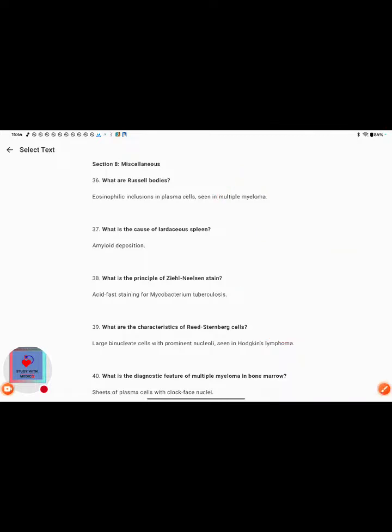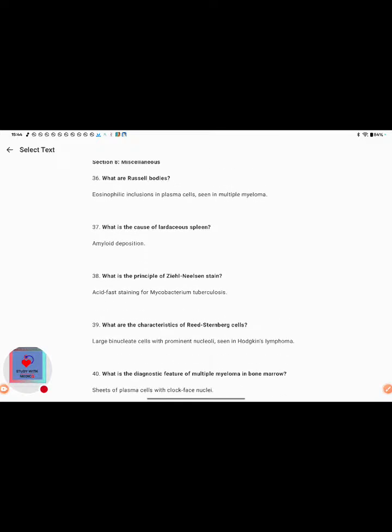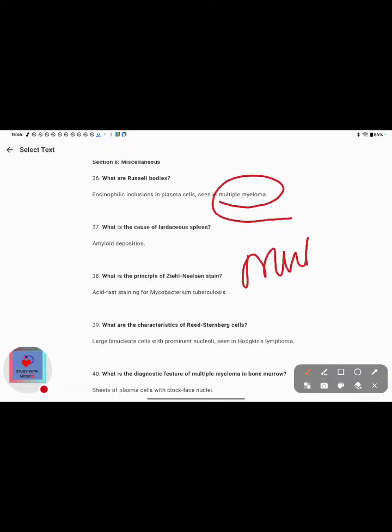Eosinophilic inclusions. Russell bodies are seen in multiple myeloma. So, what are the causes of eosinophilia?